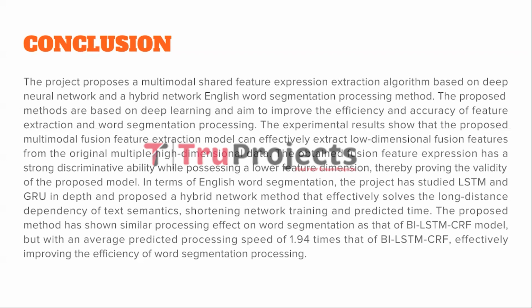The proposed method has shown a similar processing effect on word segmentation as that of the BI-LSTM CRF model, but with an average prediction processing speed of 1.94 times that of the BI-LSTM CRF, effectively improving the efficiency of the word segmentation processing.